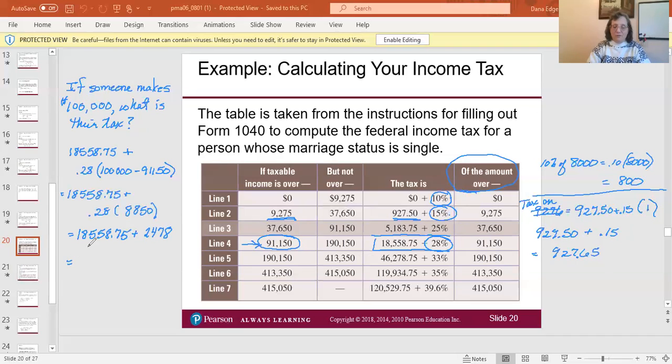So they have a total tax bill of $21,036.75.